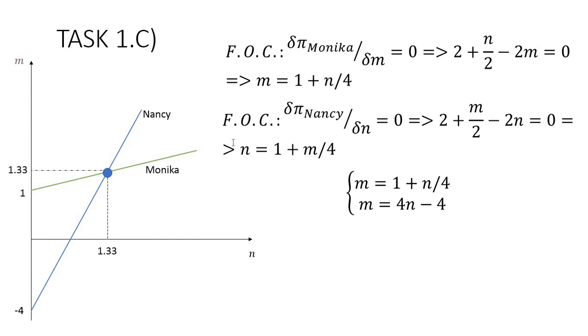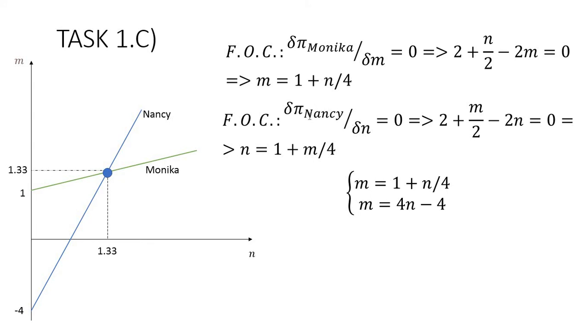And I assume here we are. So m is going to be equal to 1 plus n over 4. Again, you can apply the second order condition and find the derivative of this function. You will get -2, which proves that Monica's payoff is going to be maximized, not minimized.